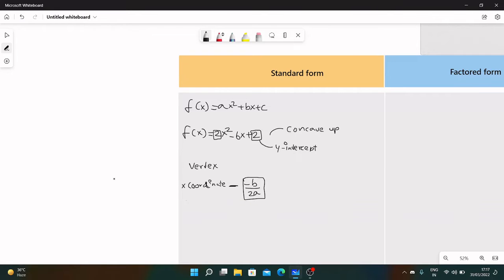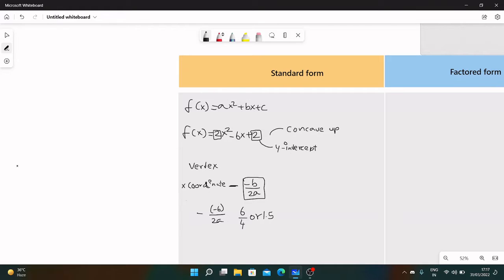We just need to substitute in the values. So minus, b is minus 6, so we put minus minus 6 by 2a. The minus minus will cancel out, so it will become 6 by 2a. So 2a is 4. So 6 by 4, or you can write it in decimals as 1.5.